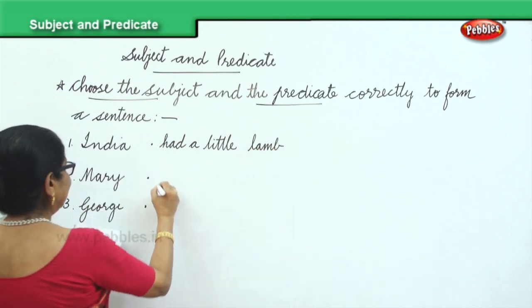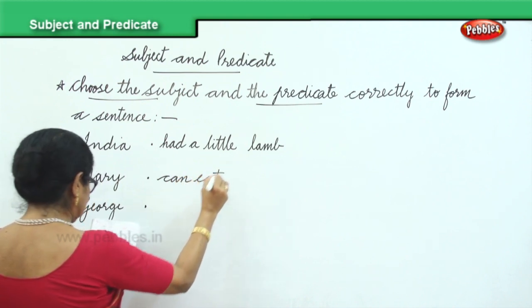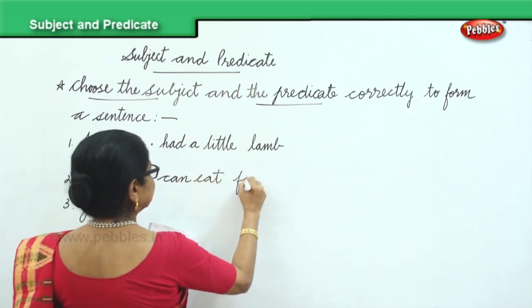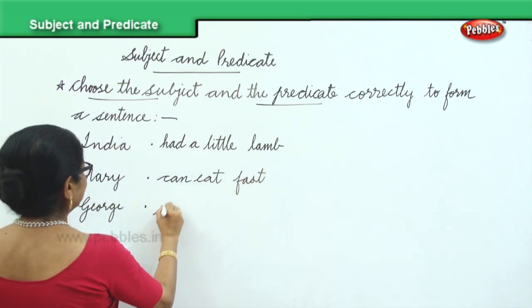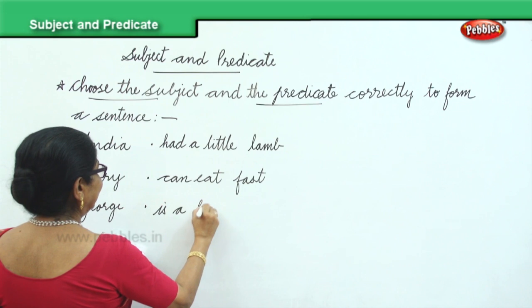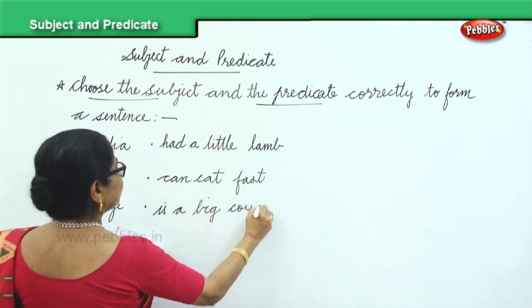Next you have, can eat fast. Then you have, is a big city, a big country, sorry.